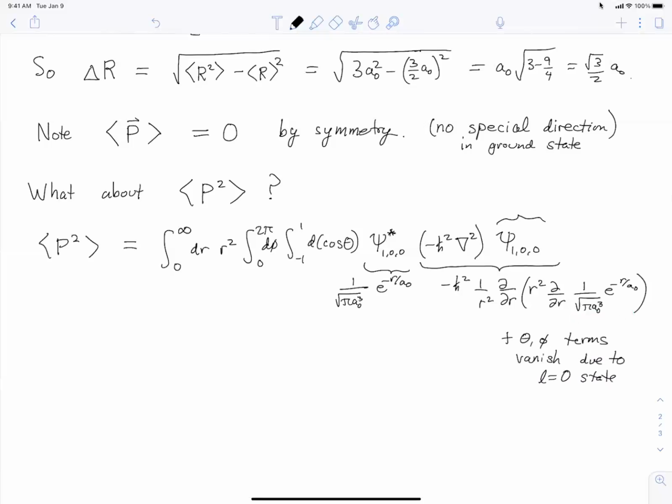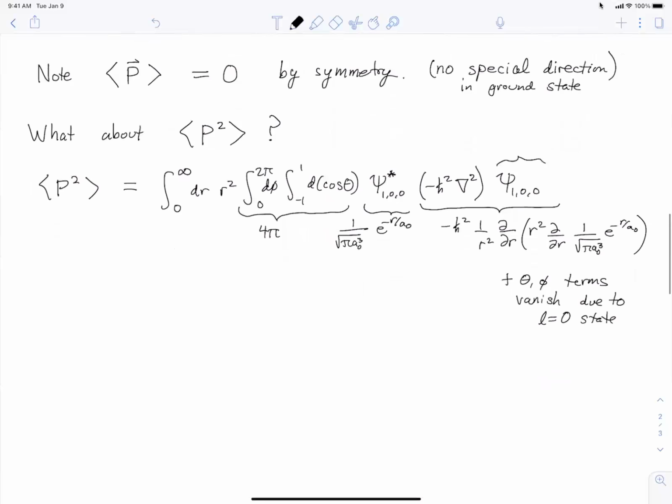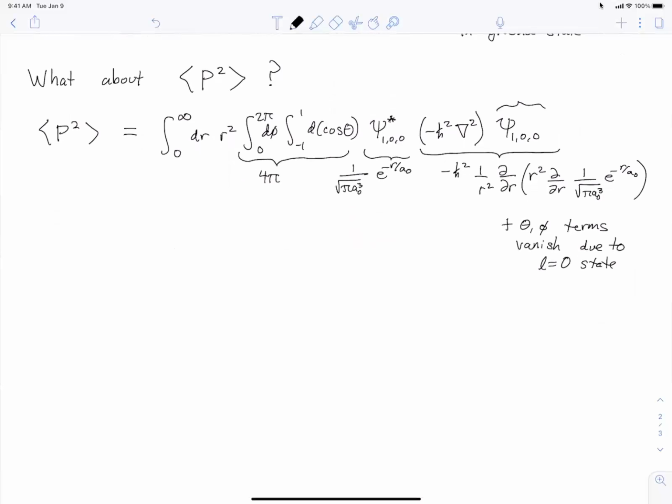And so now we just need to evaluate this mess. Once again, fortunately, because there's no theta or phi dependence anywhere, this part is just 4 pi. And so we can, first of all, pull out all the constants that we can pull out. And so there's a 4 over Bohr radius cubed. There's a minus h bar squared from there.